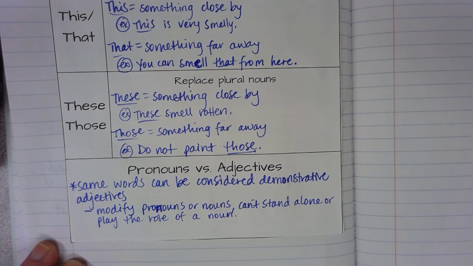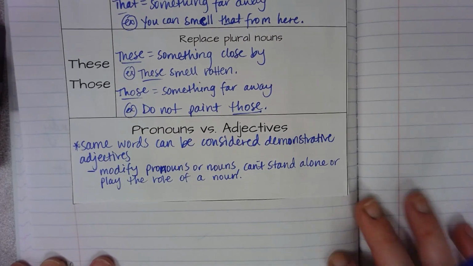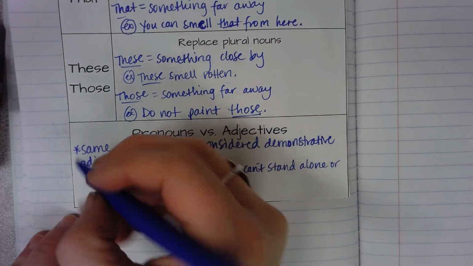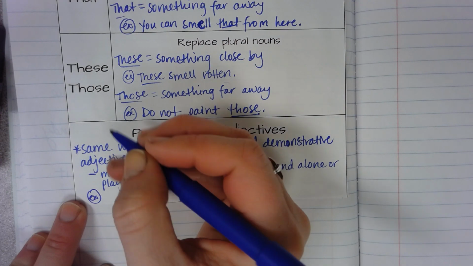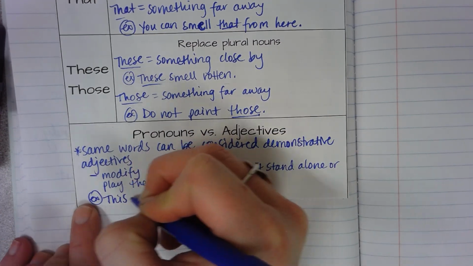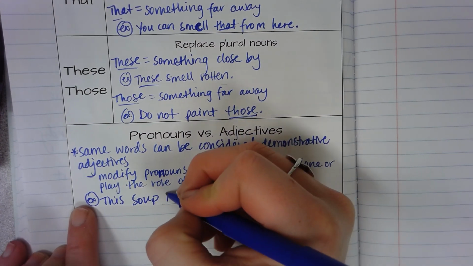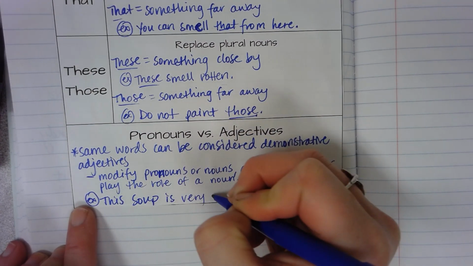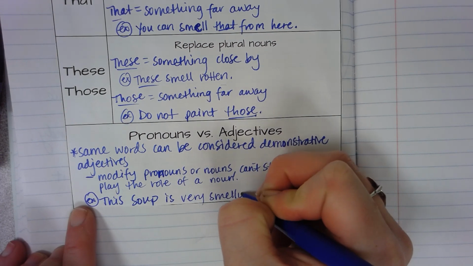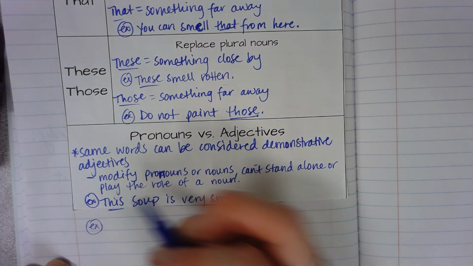So we have some examples, and you know what? I didn't make this box big enough, so I will probably continue onto the notebook paper here, and that's fine. Hopefully you have enough room. If you don't, go on to the next page. That's fine too. This soup is very smelly. Okay, I'm going to give you an example of each of the words here.